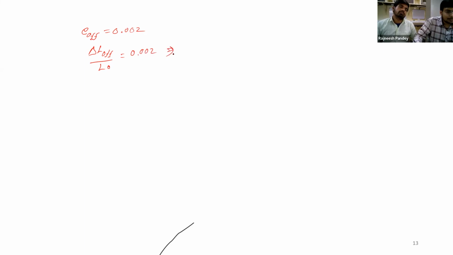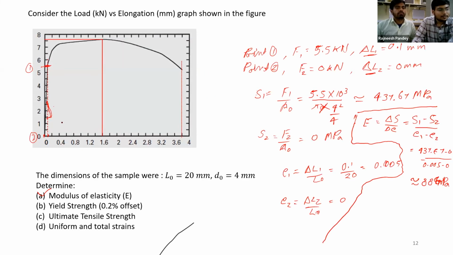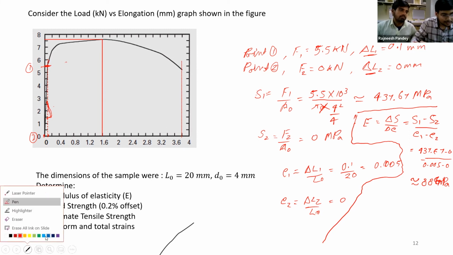Upon substituting the value of L0 and calculating, we get this delta L offset as 0.04 mm. Now we have the value of this delta L offset. We can draw a line parallel to this elastic regime line of the curve, and note the point where it intersects. Let me change the color for better identification.